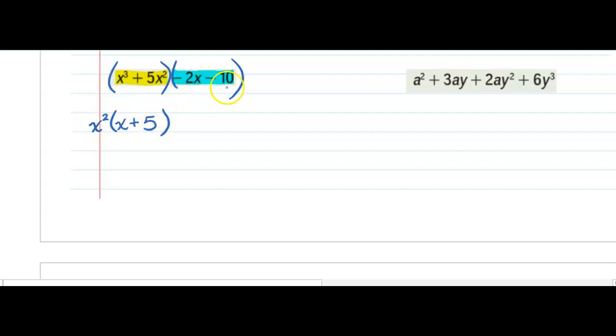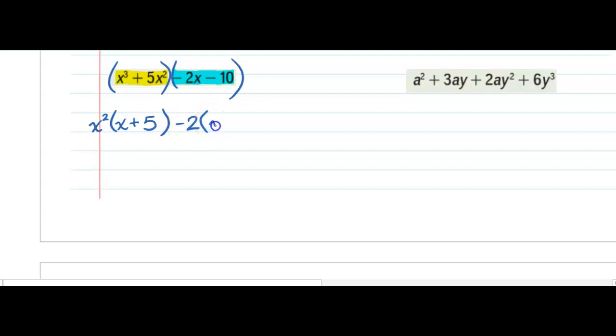Now I'm going to do the same thing with my blue parentheses. Negative 2x and negative 10 are talking. What do they have in common? Well, they're both negative. Ugh. And they can both be divided by 2. They're both even. Do they both have an x? No. This one has an x, this one does not. This is all they have in common.